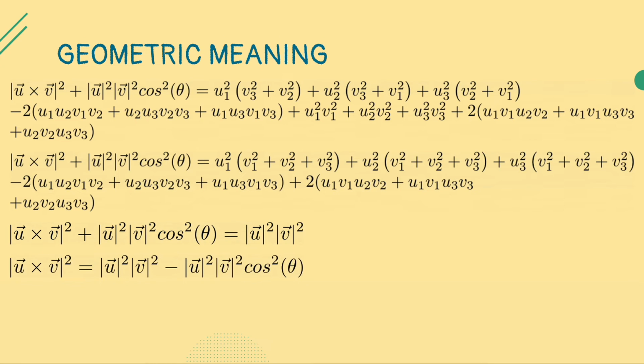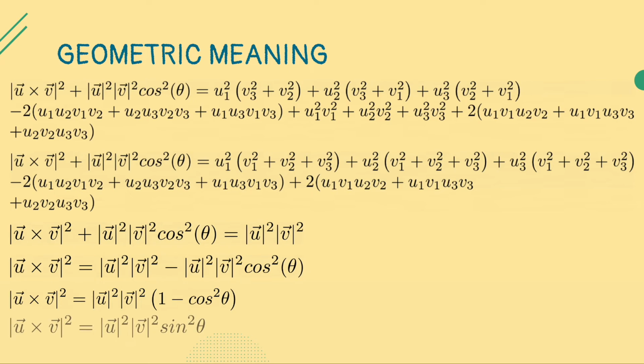From here, I think you'll notice I can subtract the magnitude of u squared times the magnitude of v squared cosine squared of theta over to the right-hand side, factor our magnitude out to be left with this. 1 minus cosine squared is the Pythagorean identity for sine squared.